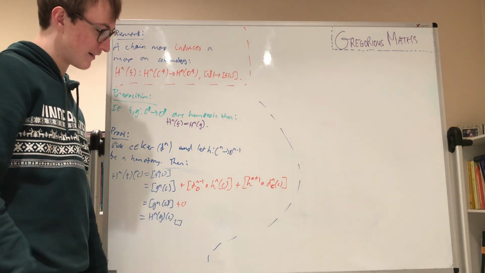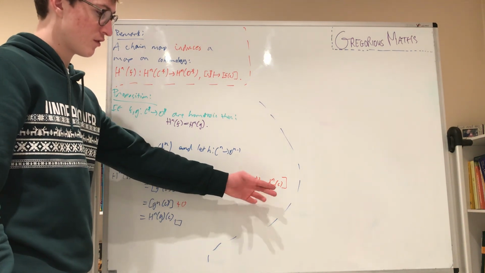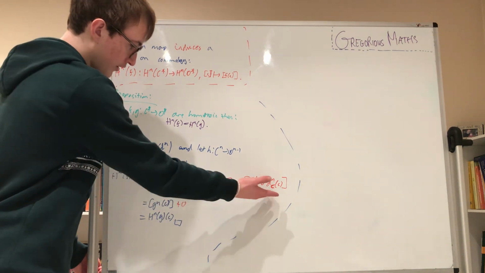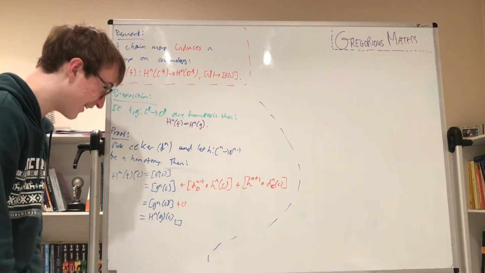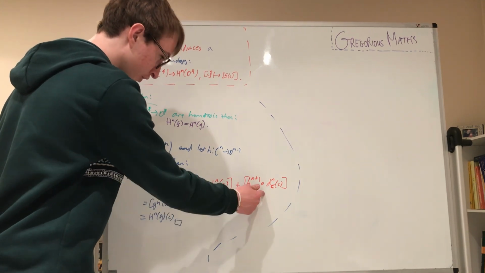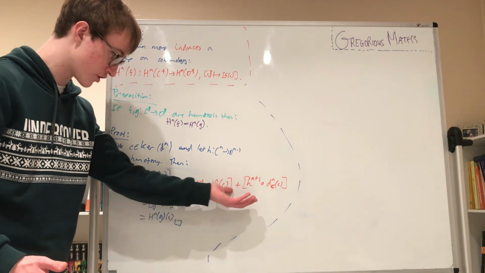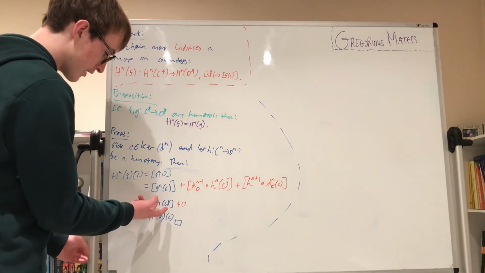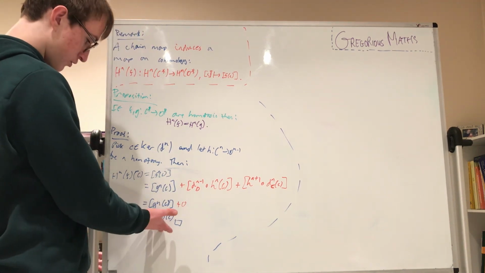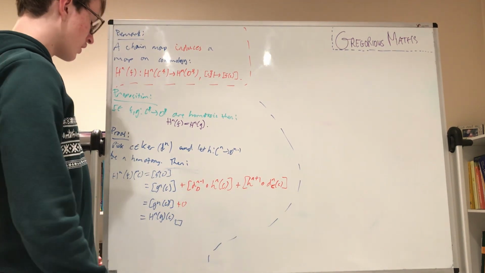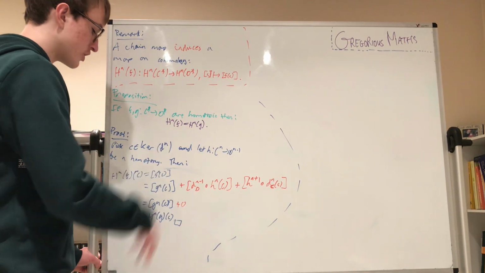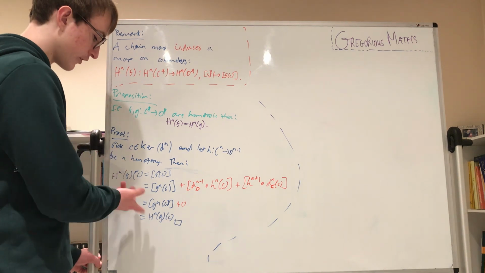What about this? Well, we've picked a representative C, which is in the kernel, so this is precisely 0 as well. And so this is 0 and this is 0. So the definition of homology is precisely working out so that we get the equivalence class of Gn of C plus 0. And that is just the nth cohomology, the induced map on cohomology, which gets induced by G. And that's precisely the same thing.